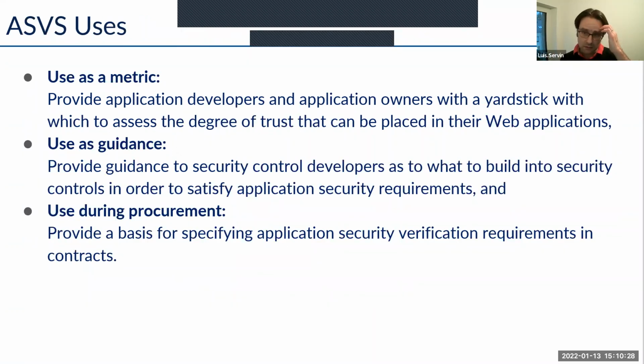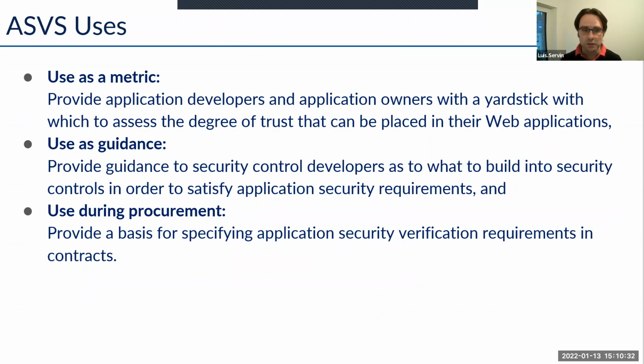What OWASP tells you is you can use it as a metric. This is the yardstick with which you assess the degree of trust, I'd rather call it assurance, that can be placed in a given application. You can use it as guidance for your developers, for security controls.